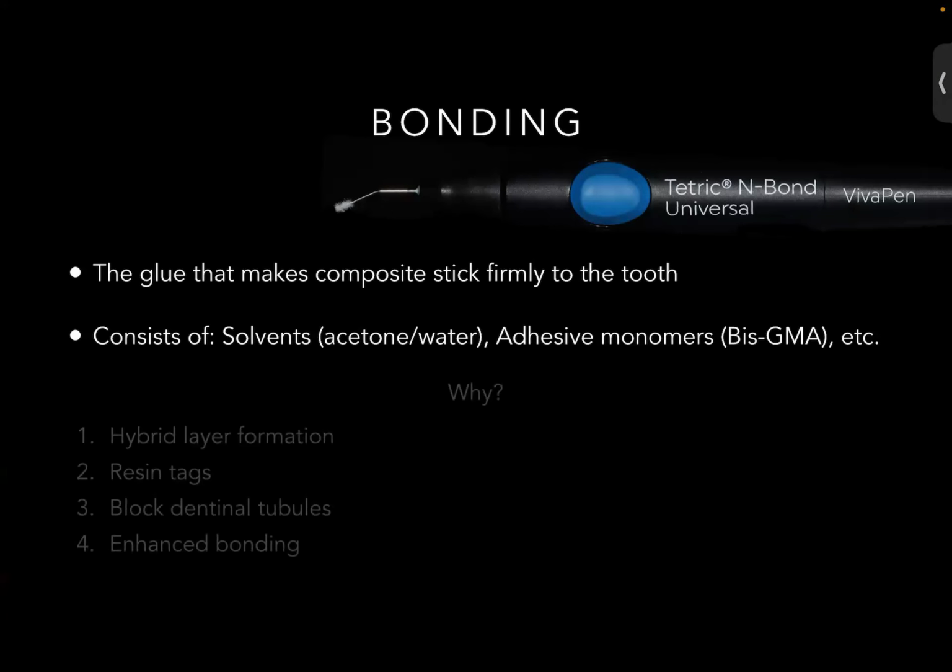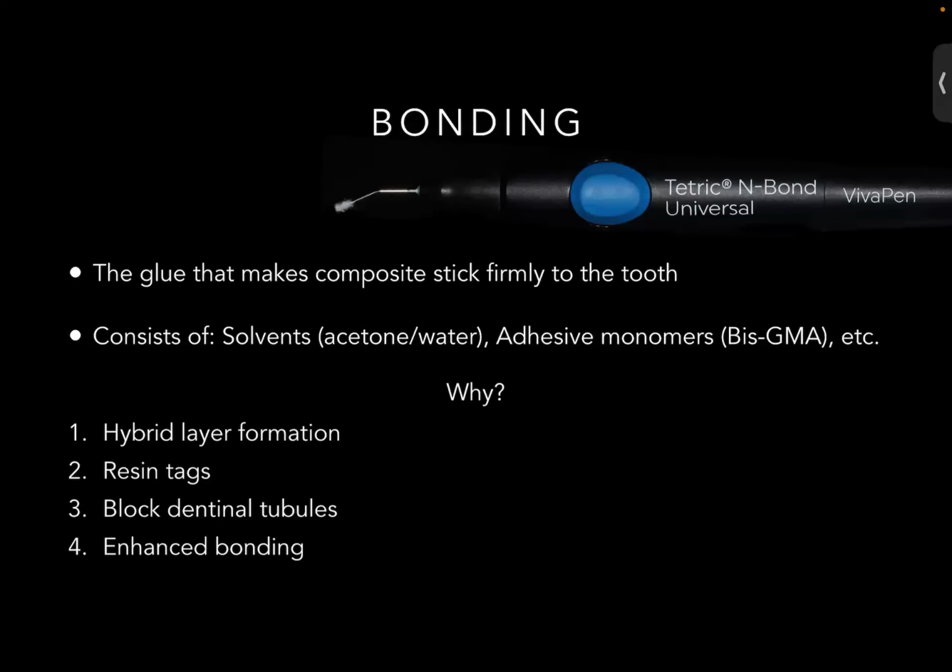Now the next point is bonding. Let's just understand this, that bonding agent is basically the glue that makes composite stick firmly to the tooth. It consists of solvents which are acetone or water and adhesive monomers. Now we need to understand solvents properly, because when we apply bonding agent, solvents don't dissolve readily.